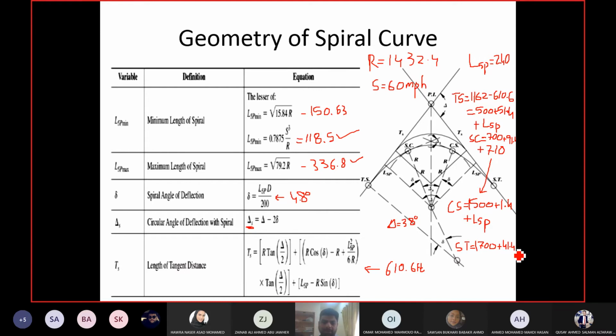Then I calculated the delta for the spiral curve and the tangent length. Point of intersection minus tangent length gives the starting point, then plus the length of the spiral curve gives the end point of the spiral curve, then plus the length of the circular curve gives the end of the circular curve, then plus the length of the spiral curve gives the end of the second spiral curve. So this was TS, tangent to spiral, SC, spiral to curve, then CS, curve to spiral, then ST, spiral to tangent.